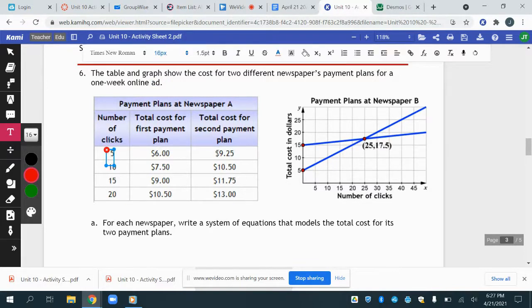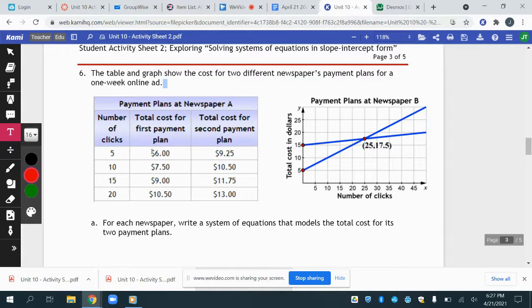clicks. This one over here, however, costs $9.25 if you get 5 clicks. So it's a better deal, right? The bottom one on the left. But if we keep going, eventually, this one will be a better deal. You can tell because this goes up to $7.50, $1.50 more. This one only goes up by, what, 75 cents? No, $1.25 more.